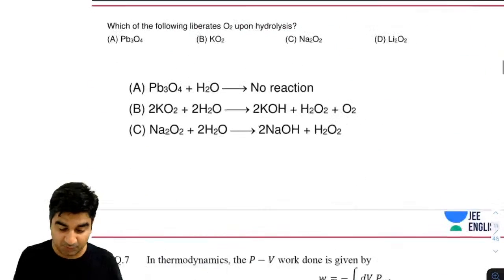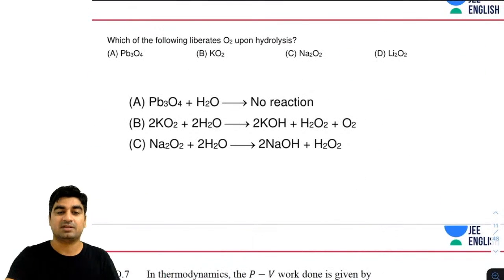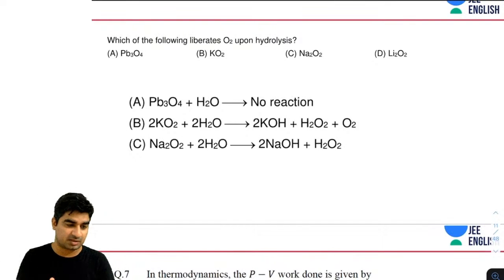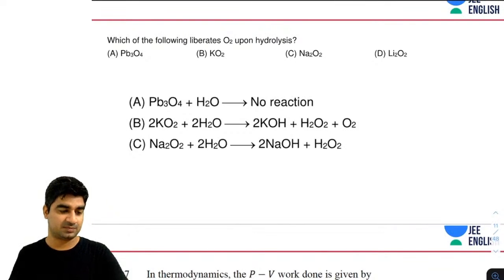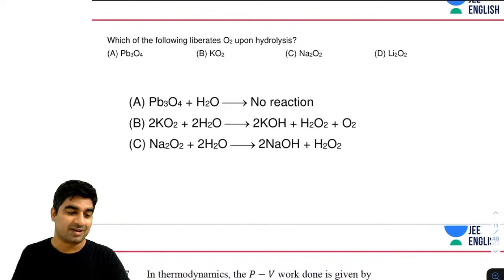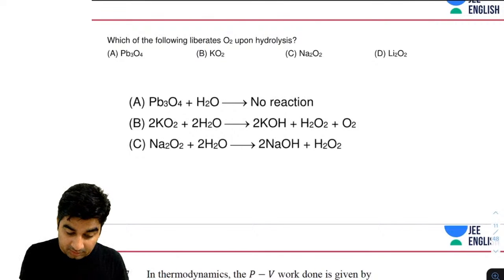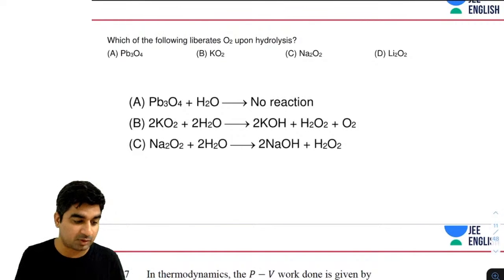So guys, now I'm moving on to the next problem. The next problem on your screen is again from inorganic, as you can see. In this problem, and again it is memory based, what is being asked is which of the following liberate O2 upon hydrolysis.